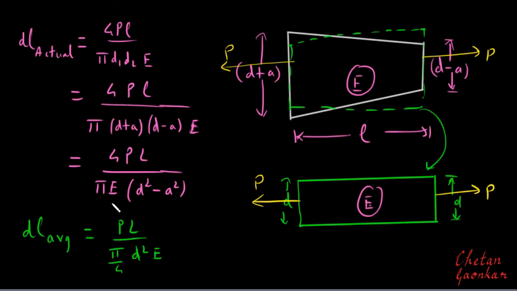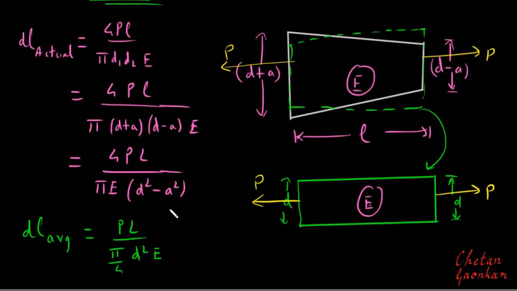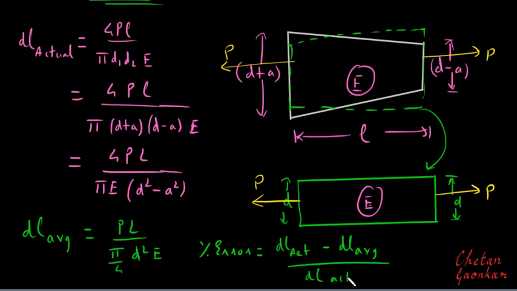Once I get this, in order to find the percentage error, we can do it as follows. The percentage error will be delta L actual minus delta L average, divided by delta L actual, multiplied by 100.